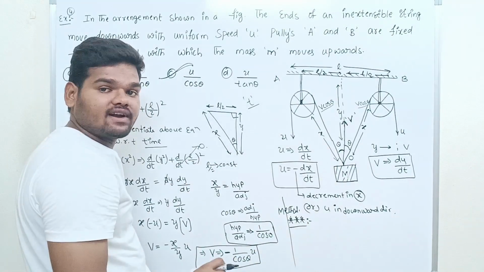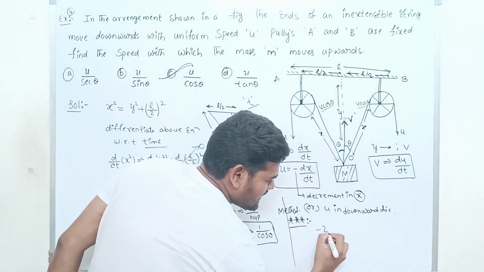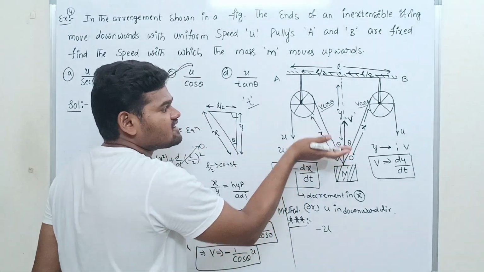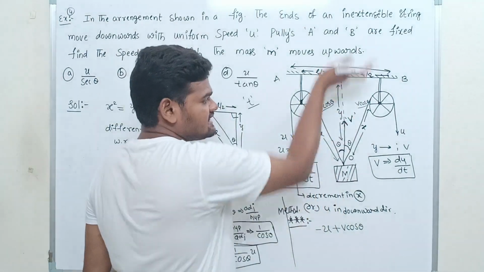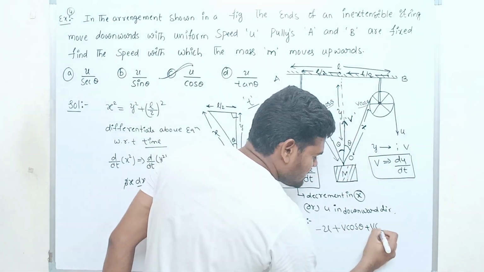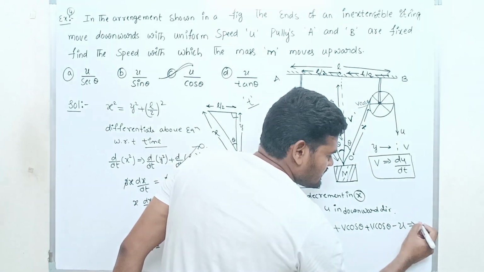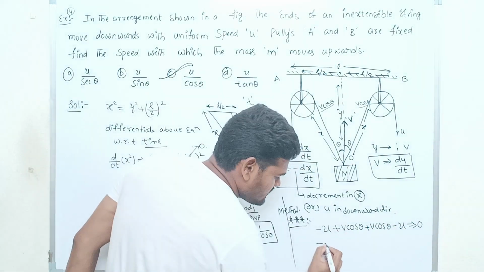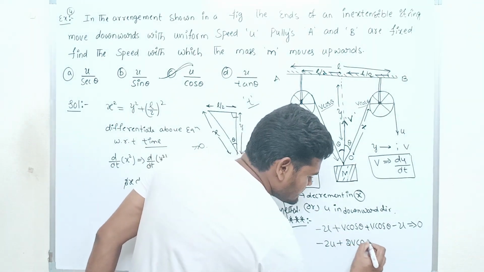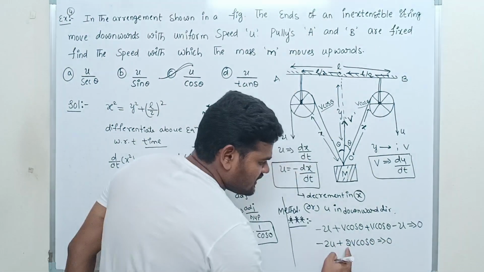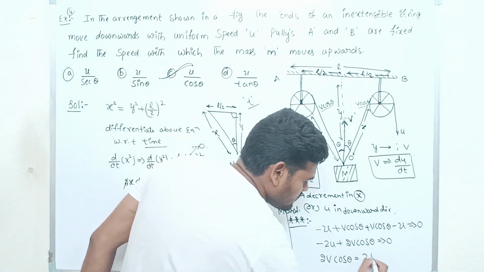These two u's are in the downward direction, so I'm taking minus u. This v cos theta is in the upward direction, plus this v cos theta is also in the upward direction, and this u is in the downward direction: minus u minus u plus v cos theta plus v cos theta is equal to 0. So 2v cos theta is equal to 2u.